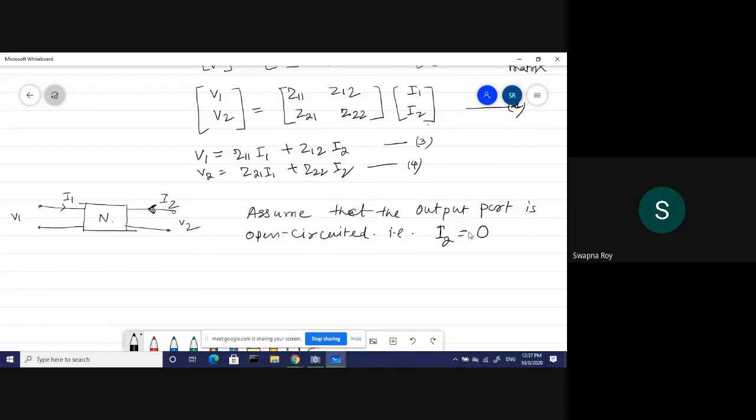If it is short circuited, then I2 will be maximum. If it's open circuited, then I2 is equal to 0. Putting these values here, this part will be 0.